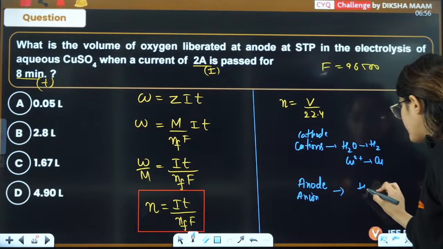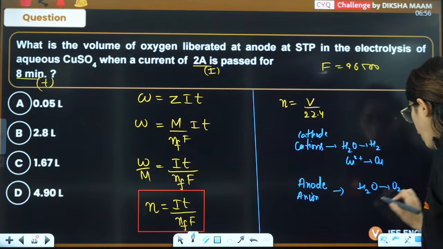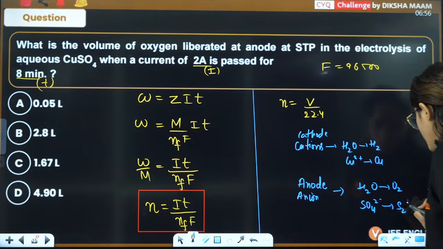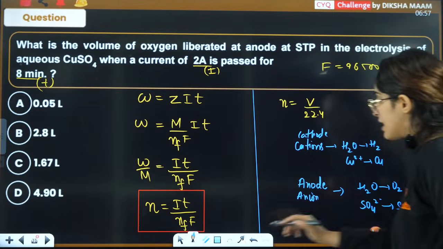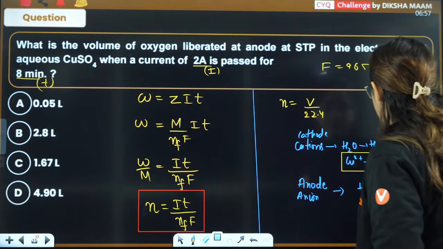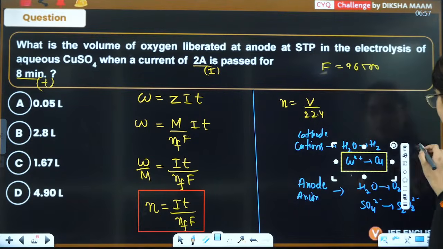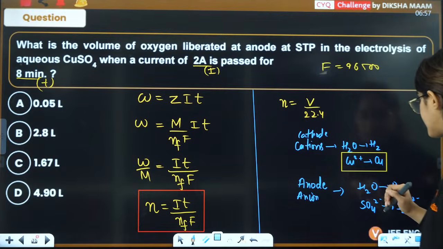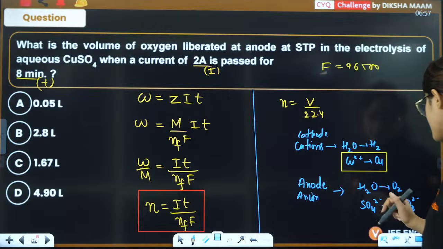At anode either water will be converted to O2, or SO4 2 negative will be converted to S2O8 2 negative. Now see, here what will be used? Here copper will be chosen because it is 0.34, it is positive, it is more than this. And in this case, what will we choose?